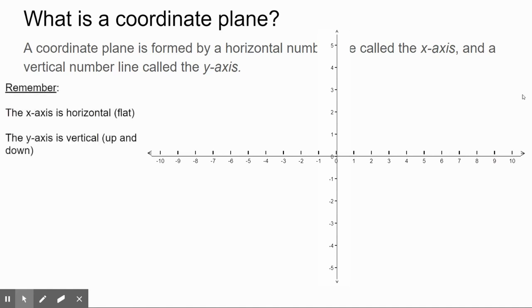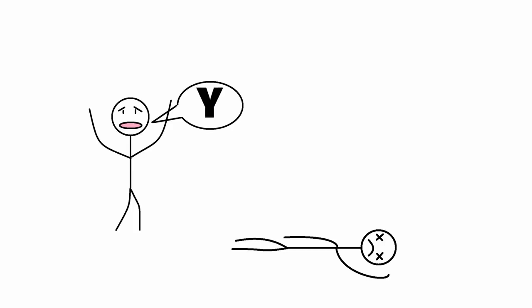The important things to remember is that the x-axis is the horizontal one, the one that's going flat. The y-axis is the vertical one. That's the one that's going up and down. One way that we can remember these two is if we think of the x-axis as being a dead guy on the ground. He's got x's for eyes, and then the y-axis is his friend standing above him going, "Why?"